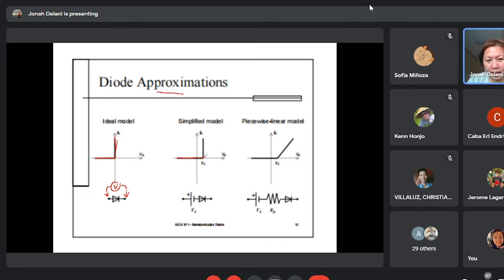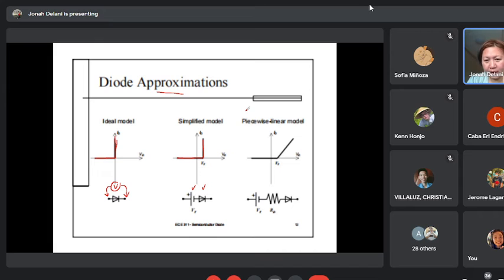No current. And then once it reaches the threshold voltage, the current would start to flow. So if we model it, we have the ideal diode here, plus that voltage that the applied potential needs to overcome.